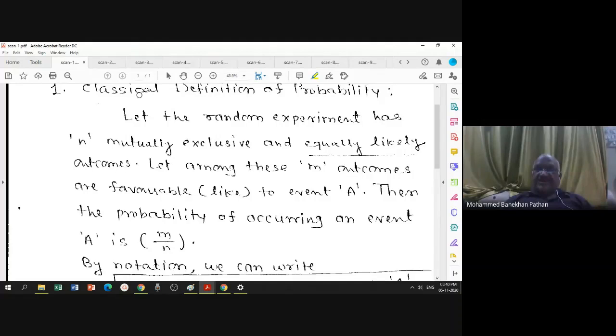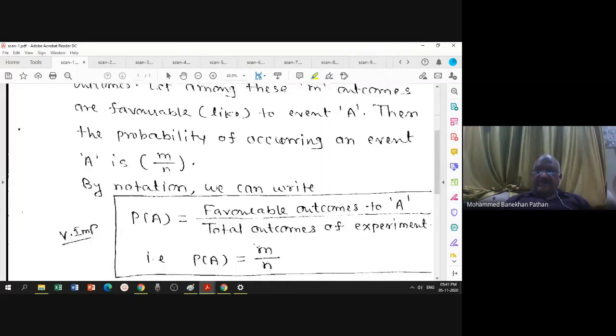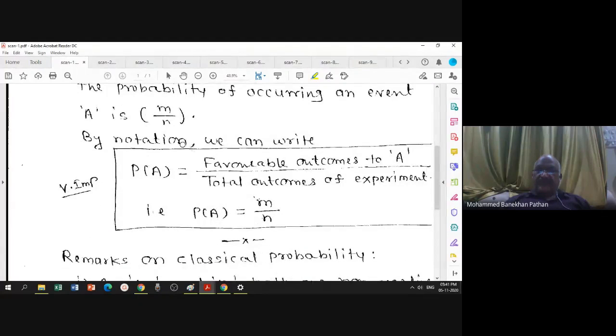To apply classical definition in the real life, you have to check the nature of outcome of random experiment. Outcome should be mutually exclusive and they should be equally likely. Under these two conditions, you can apply classical definition of probability. You can write the definition by the notational form.